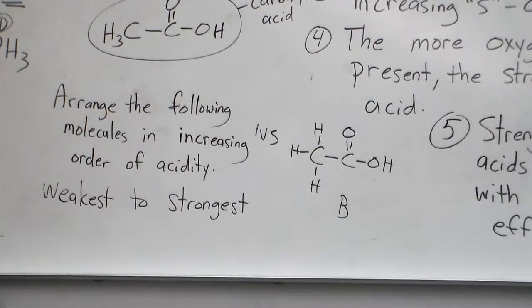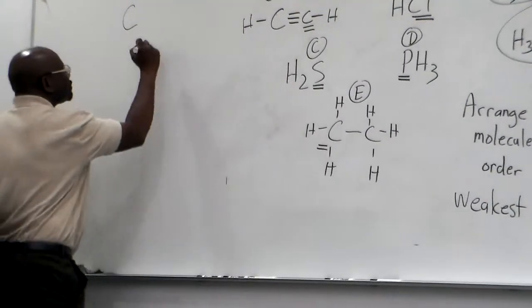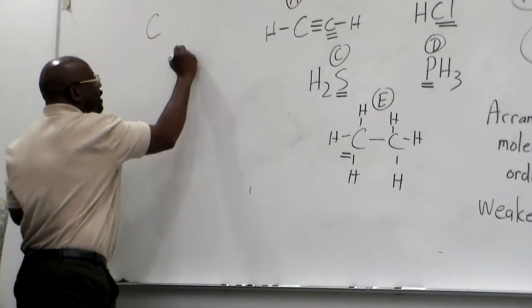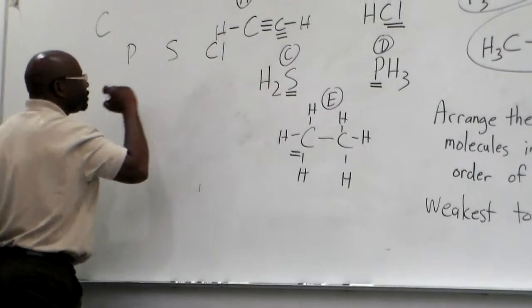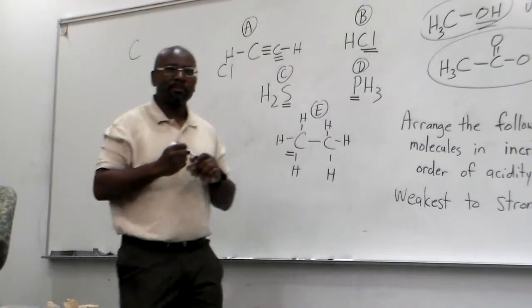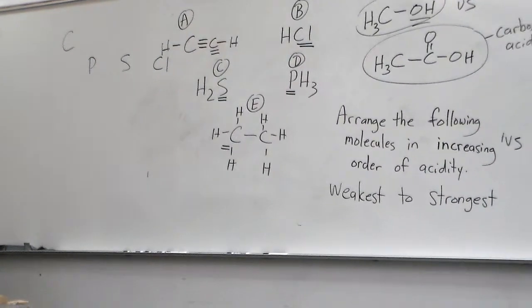So on the periodic table, we're going to have carbon, phosphorus, sulfur, chlorine. That's basically how these molecules look on the periodic table.